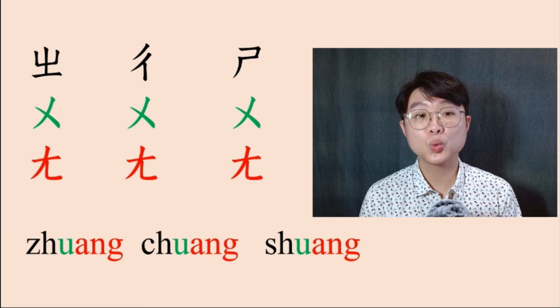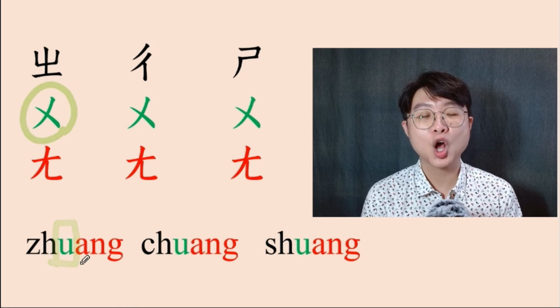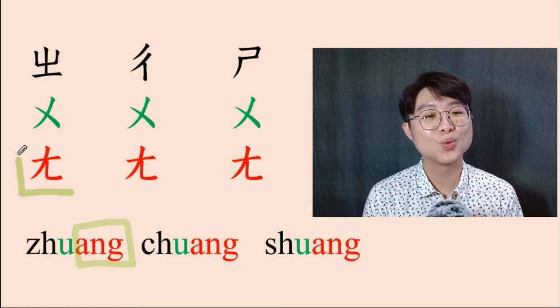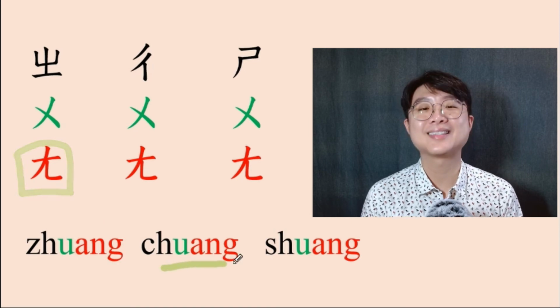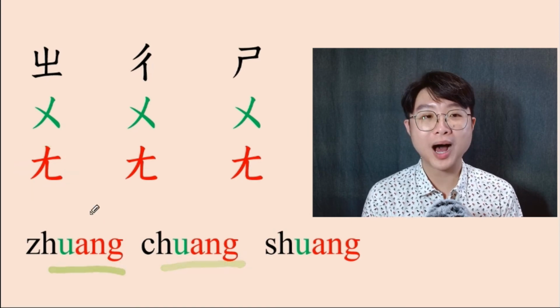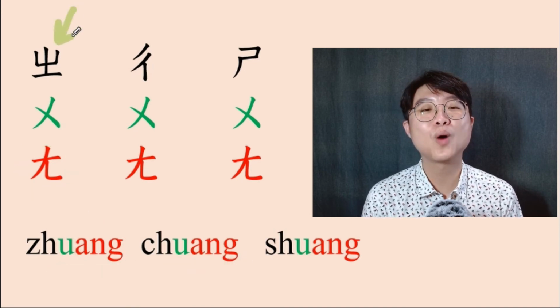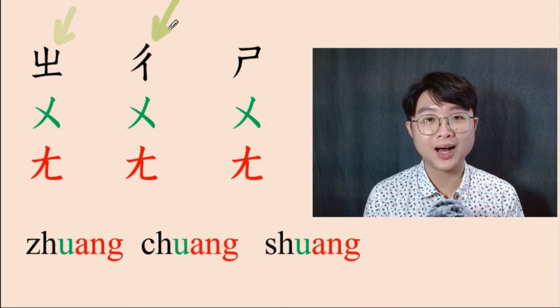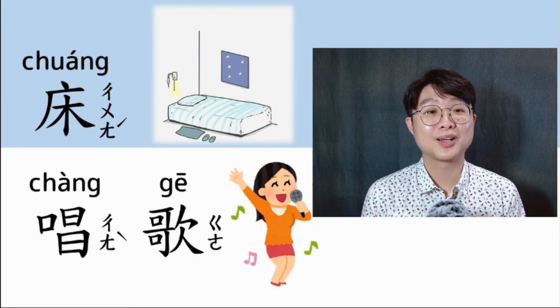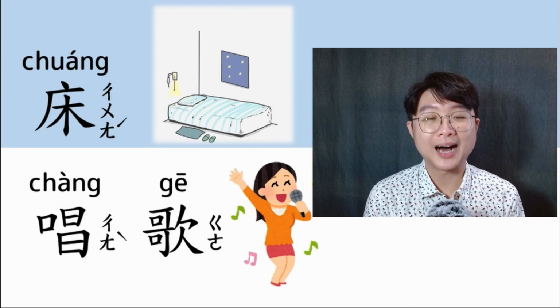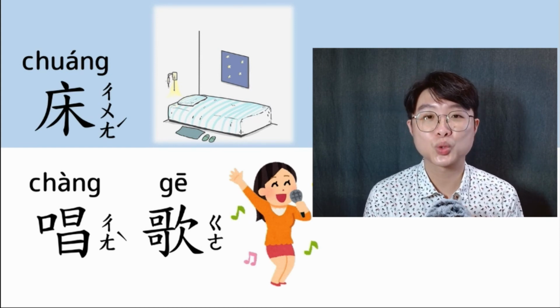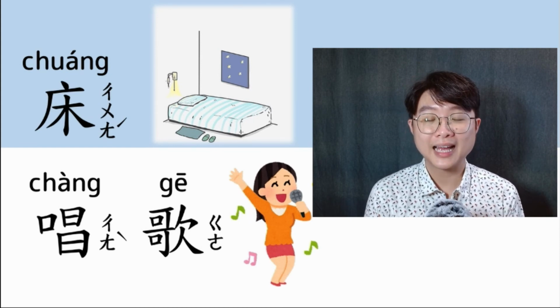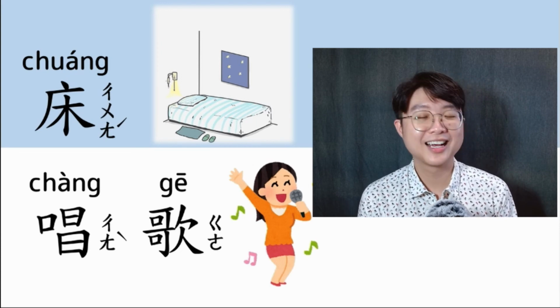And when they go with u and ang, it sounds like 庄 chuang 双. For example, 床 a bed, 床.